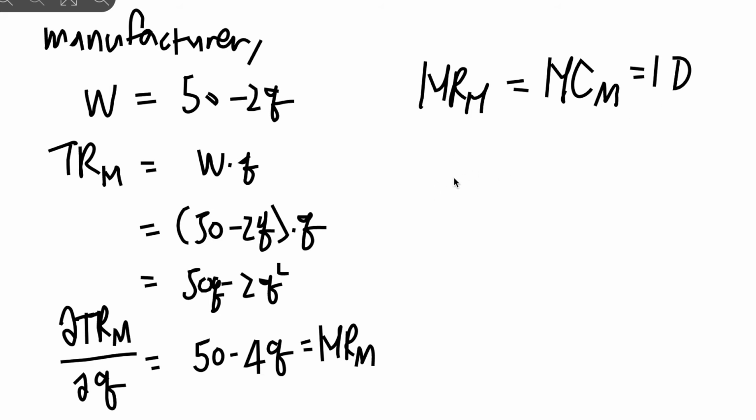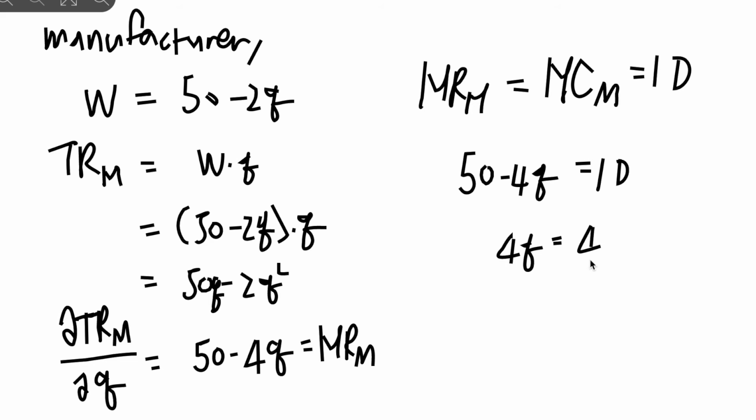So 50 minus 4Q equals 10. Then 4Q equals 40 and Q equals 10.